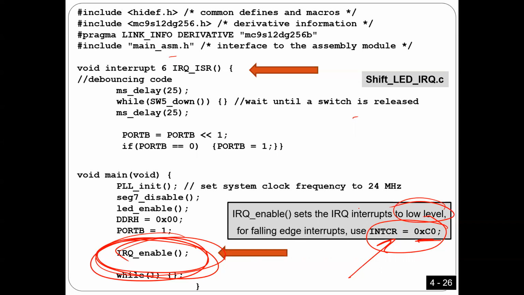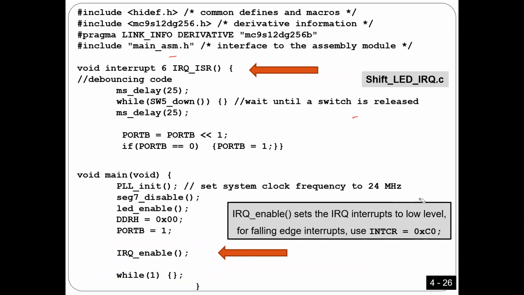If you want to configure IRQ interrupts for falling edge, instead of using this one, you can use this one. If it doesn't work for you, you can go inside this function and change the number from 40 to C0. Okay, so that's all you have to do.